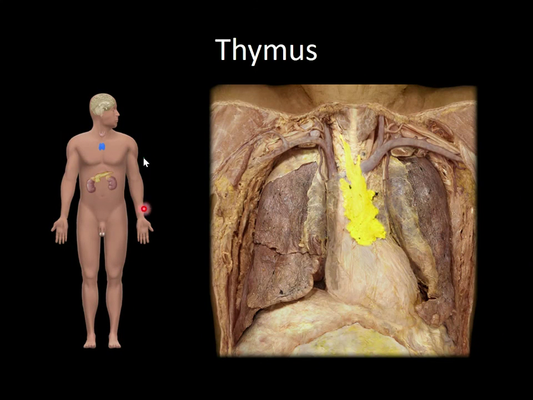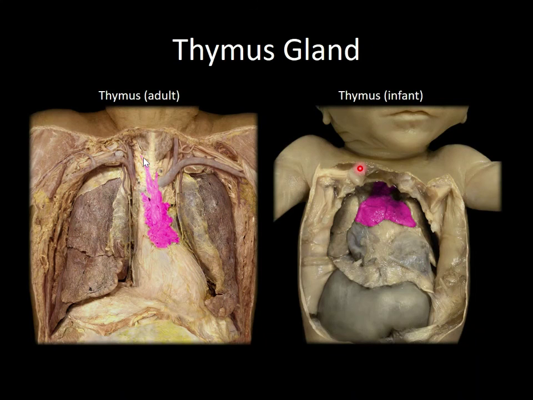Here we see the thymus located right here, behind the sternum of the anterior chest wall. As we can see, the thymus is much larger in infants and children, and becomes much smaller in adults.